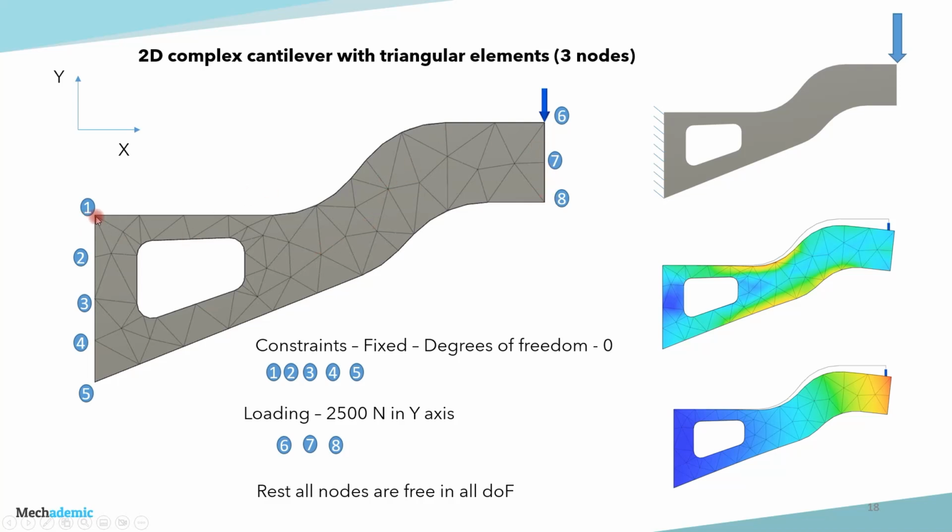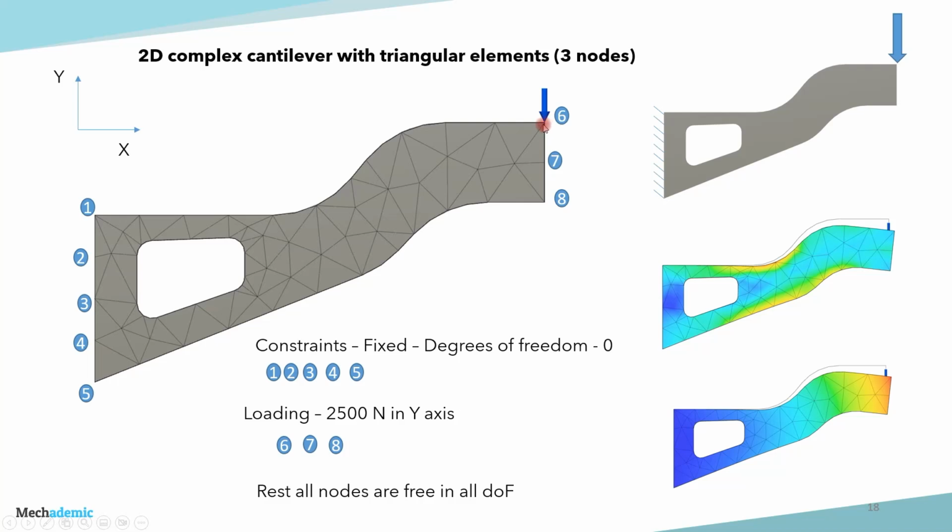Now these 5 nodes over here for various elements are fixed. The degrees of freedom allowed to them is 0. Whereas on these 3 nodes, 6, 7, and 8, the load is being applied in the vertical downward direction along the y-axis, with a value of 2500 Newton.